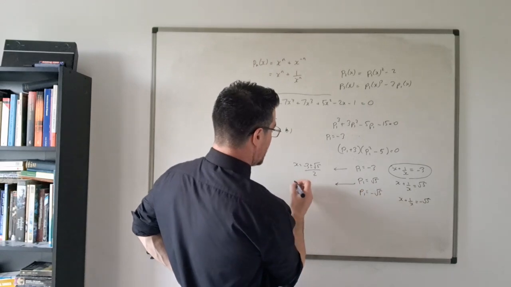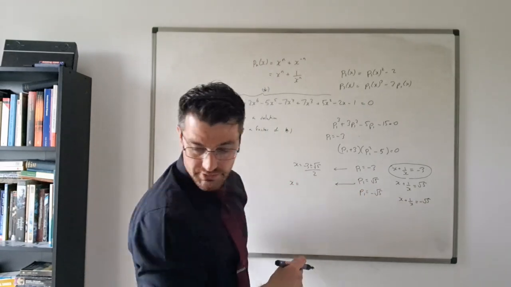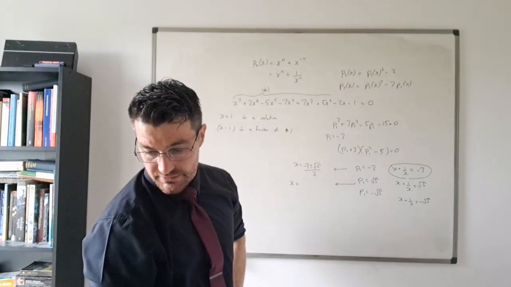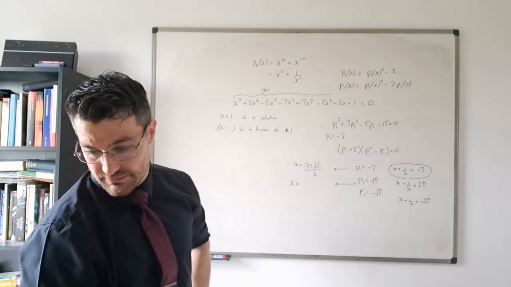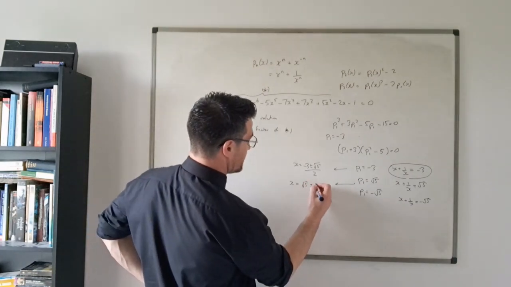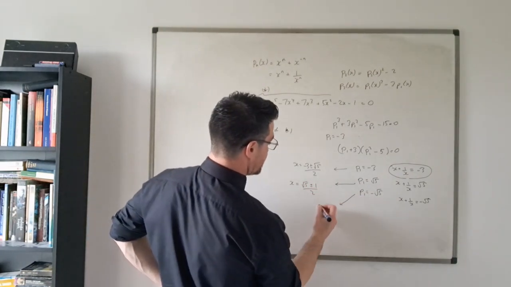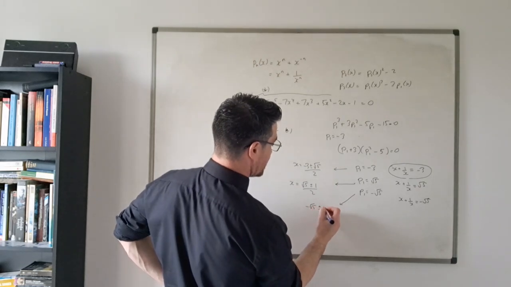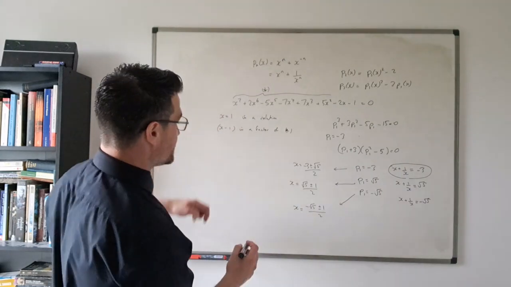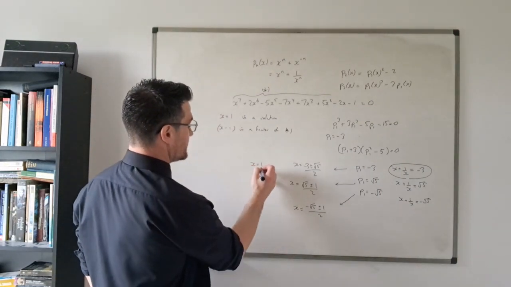In this case, you get the solutions x equals, what do you get? Square root of 5 plus minus 1 over 2. And in this case, you get minus the square root of 5 plus minus 1 over 2. We've already got the solution x equals 1 up here.